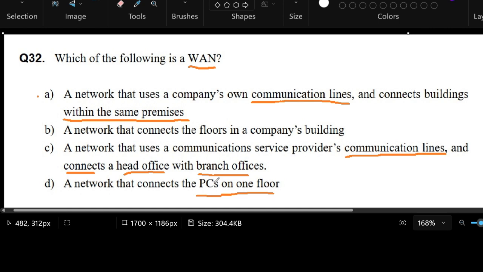Although I did choose letter C, because I was thinking that if it were something like a wireless area network, letter D would seem to be okay. Letter B would also seem to be okay.